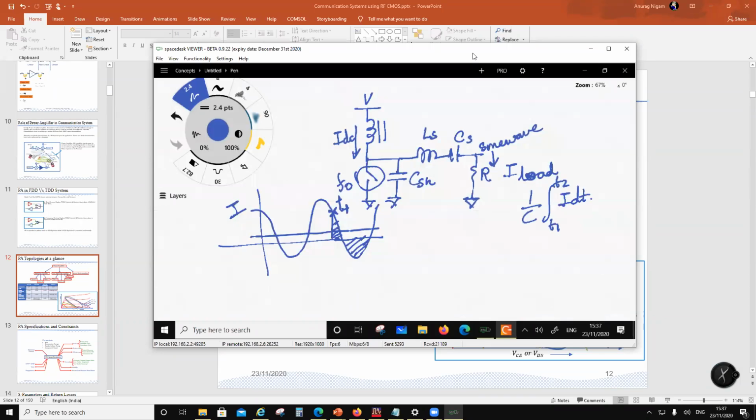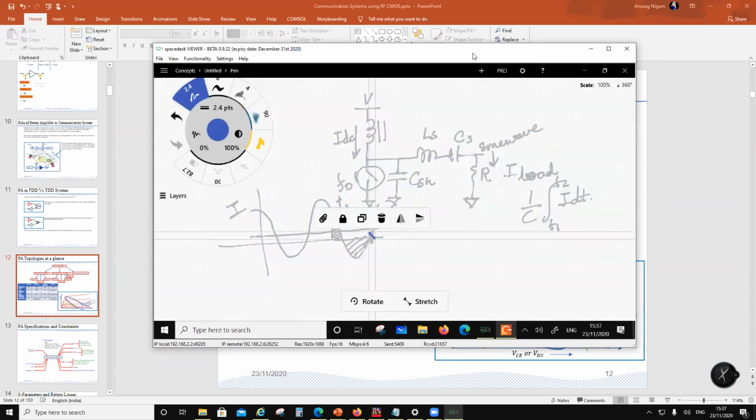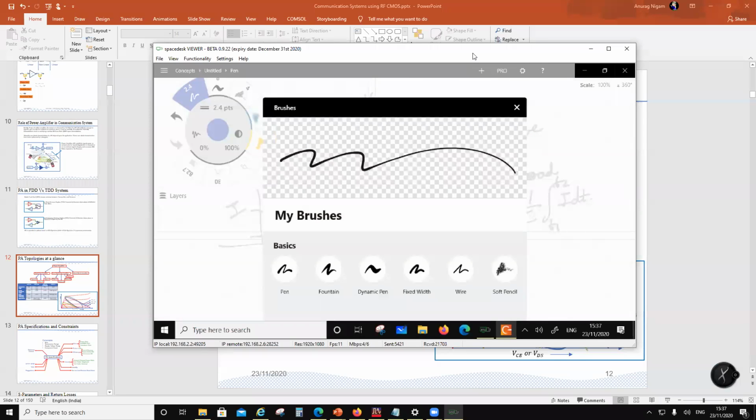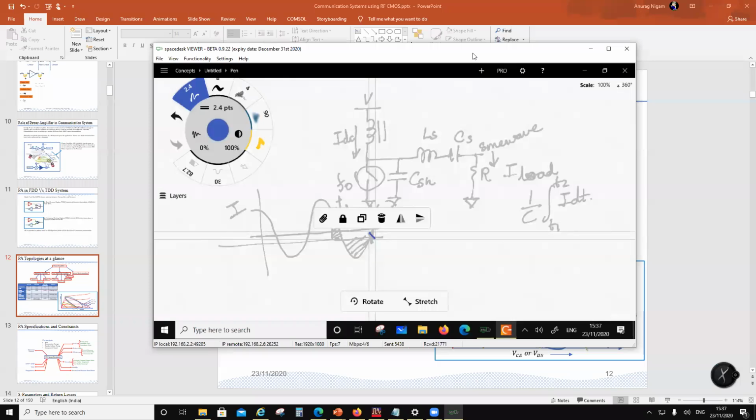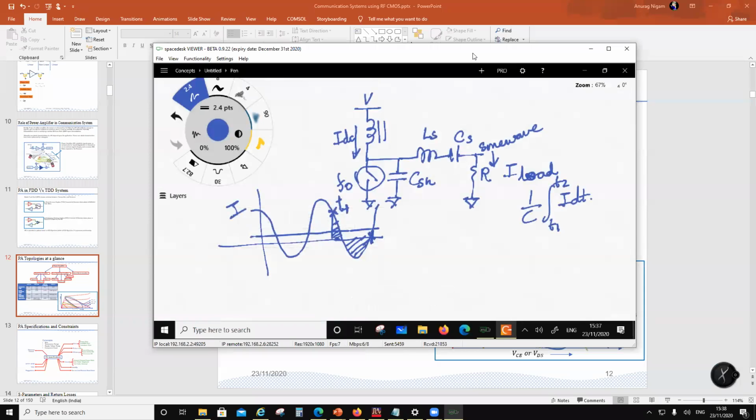So if I choose a point T1 such that the net area under the curve is 0, that means when I turn on my switch, the voltage over here is 0. So at T2, my voltage is 0 across the capacitor.